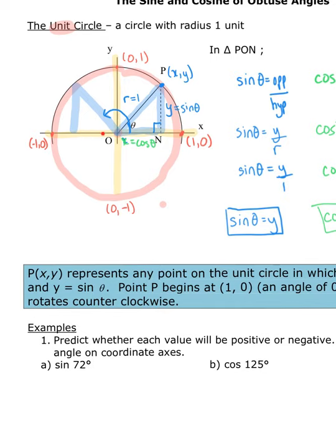When x is negative, that means the cosine ratio is negative. Y is still positive because we're still going up along the y-axis, just like we did in the acute triangle. Now that means the sine ratio is still positive for obtuse angles. And we just saw that tan is equal to y divided by x, so a positive divided by a negative, so the tan ratio would be negative.